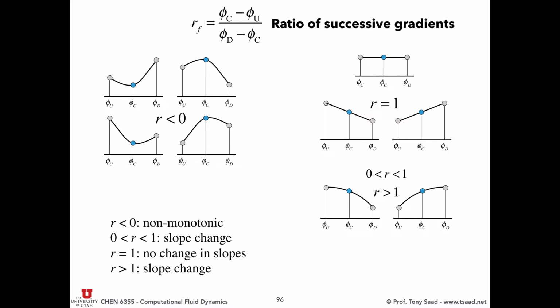And R greater than 1, there's monotonic behavior and you're changing slopes. Now, in some papers, R is defined as the inverse of this R, okay? That's not a big deal. You can use either one, but don't be confused if you see in the papers that rather than dividing by phi d minus phi c, you divide by phi c minus phi u. It's not a big deal.